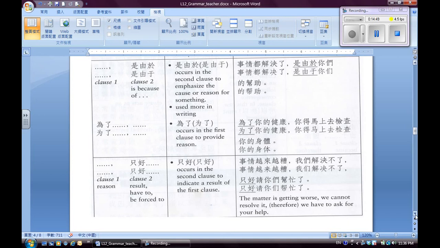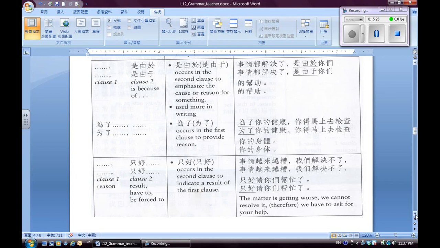The next one, 为了. Translation for 为了 could be for, or for the purpose of. 为了 occurs in the first clause to provide a reason. Example, 为了你的健康, 健康 means health, 你得马上去检查你的身体. You must immediately go examine your body.